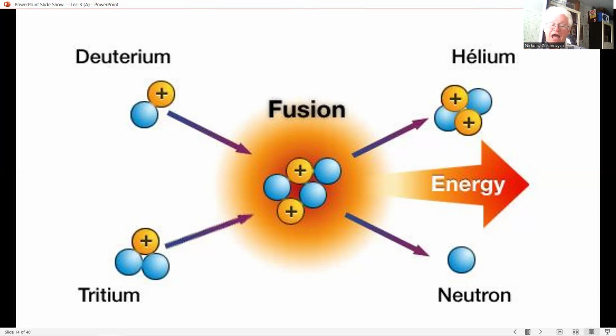It might sound as if the sun is losing mass at a furious rate, but in its entire 10 billion year lifetime, the sun will convert less than 0.07% of its mass into energy.